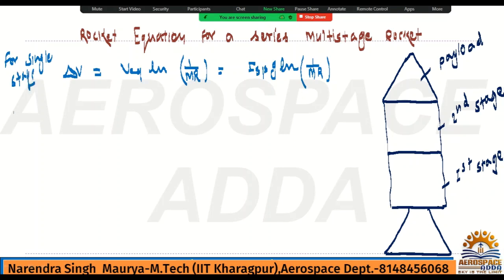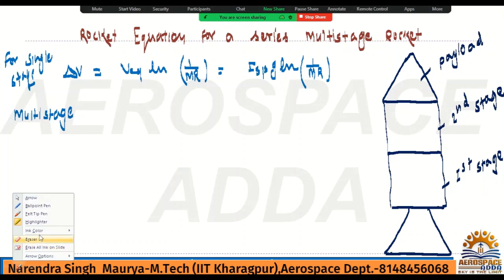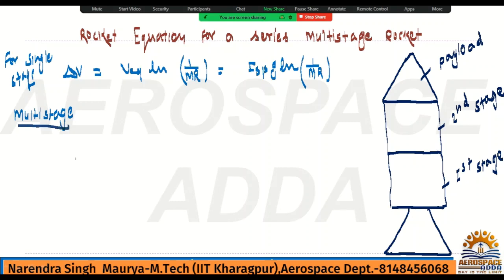Now if you go for multi-stage, you will have a delta V, and this delta V will be the summation for all stages.